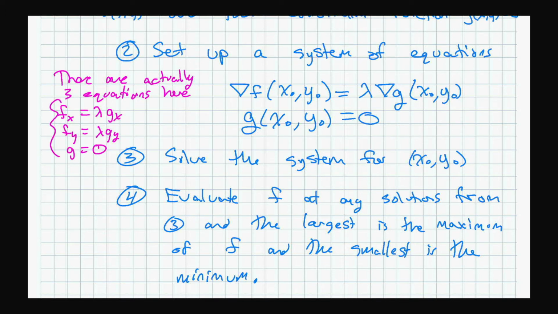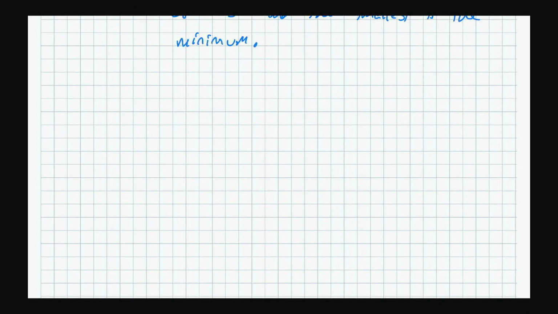So you have your three equations, and also three unknowns: the x0, the y0, and the lambda. But we'll see that when we go to solve one of these.